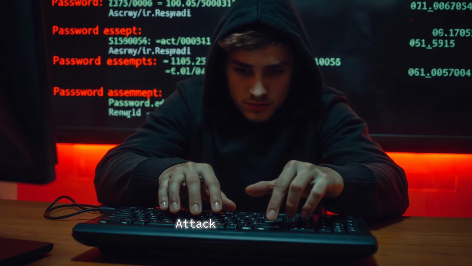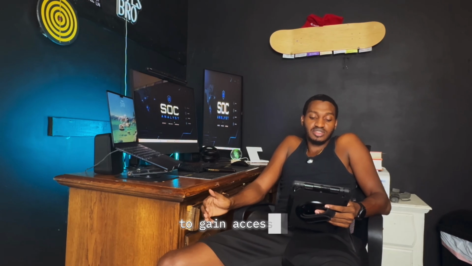Okay, next question. What is brute force attack? Brute force attack is a method to gain access by trying multiple passwords or keys, trying many password combinations to log in. We're going to see this one in action next time.